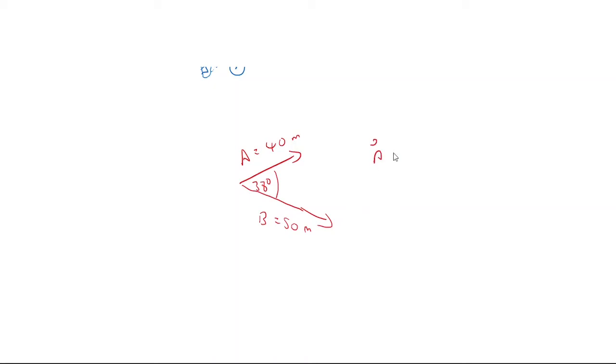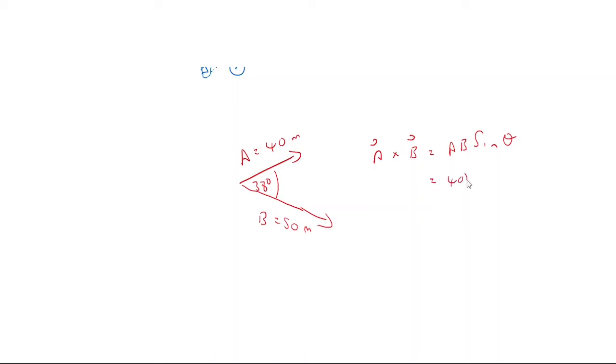So A cross B is going to be AB sine of theta.